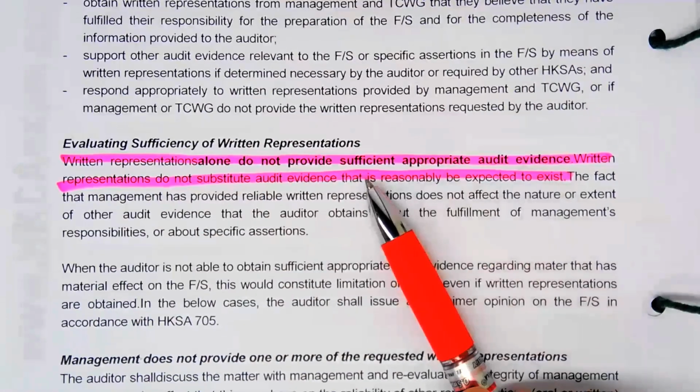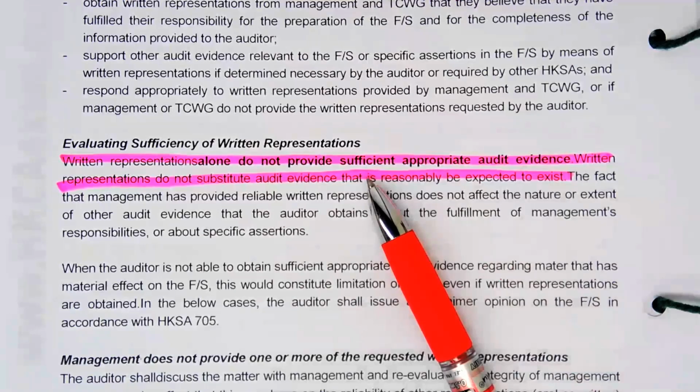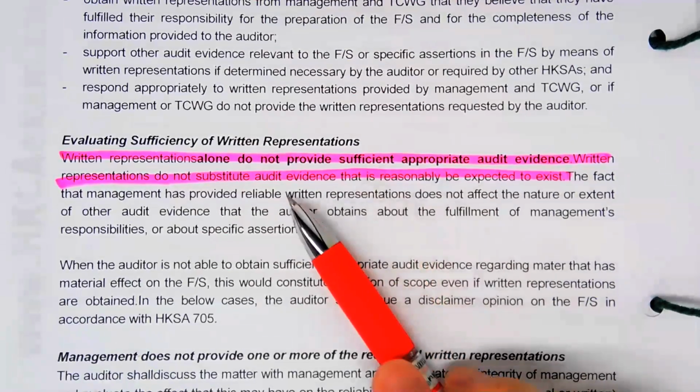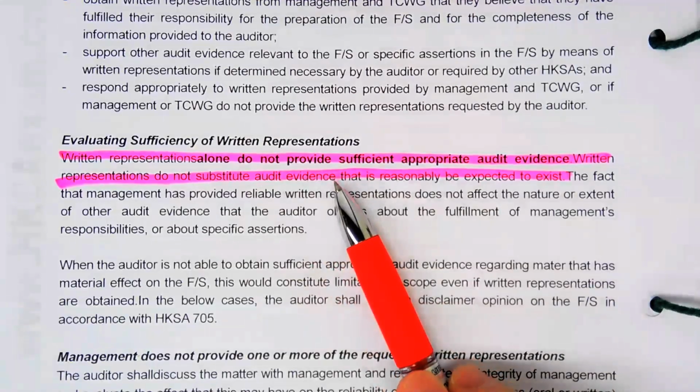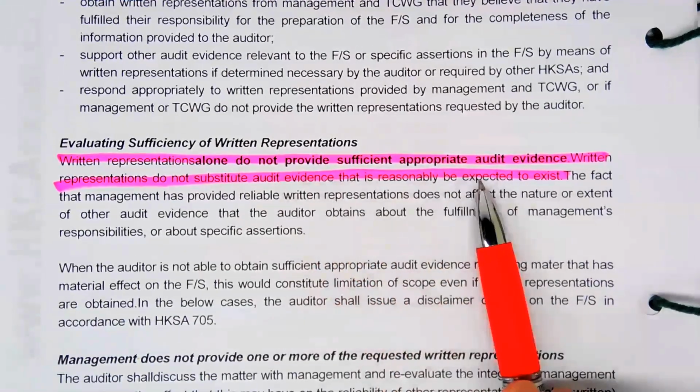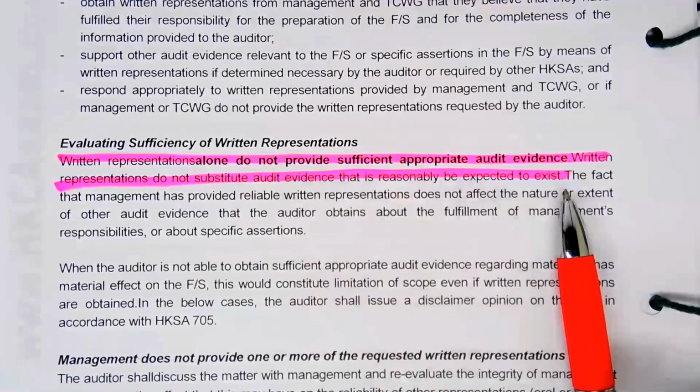But you still have to fulfill the auditor's responsibility to obtain sufficient and appropriate evidence that is reasonably expected to exist. So you do your audit work, you do stage 2A, audit planning, stage 2B, response, you do AERs, UCRs, the technical procedures, tests of control.